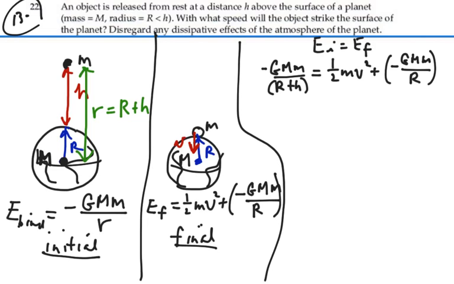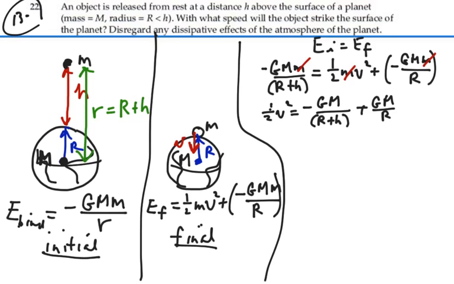Let's divide both sides by little m, get rid of that. Solve this for velocity. So we have 1/2 velocity squared is going to equal negative G big M over R plus h plus G big M over R.